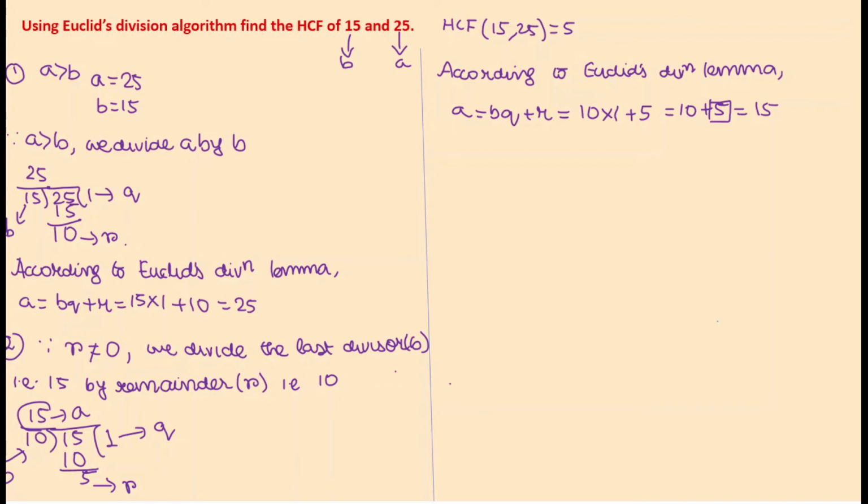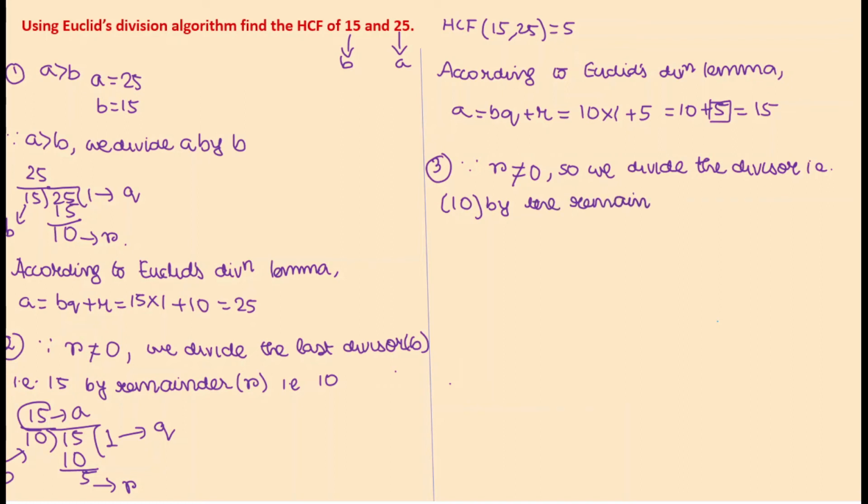Since R is not equal to 0, we divide the divisor of the latest step, that is 10, by the remainder R, which is 5.